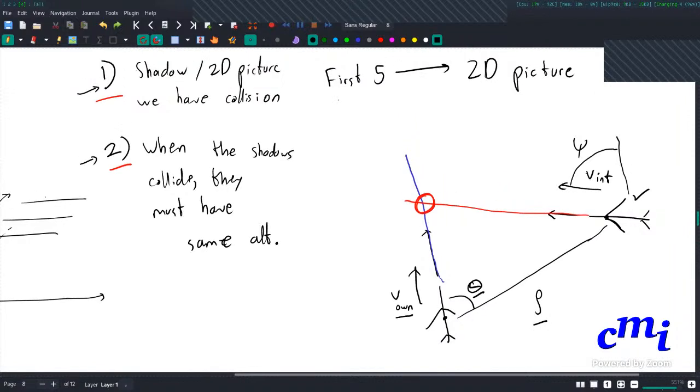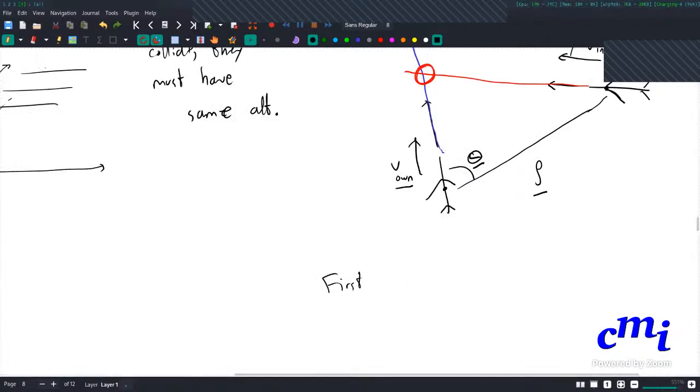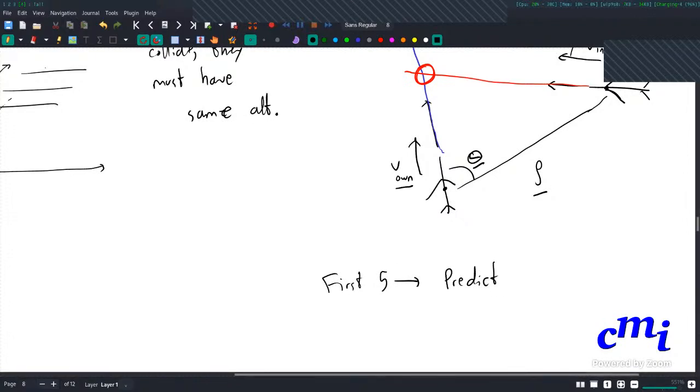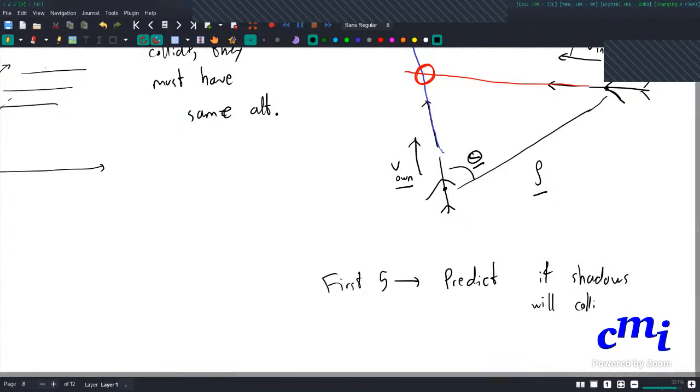So the first 5 gives us a complete picture of what happens to the shadows. So from the first 5, we should be able to predict whether the shadows are colliding or not. So is this okay? Yeah. From the first 5, we can predict if shadows will collide. And we can also predict when they will collide.